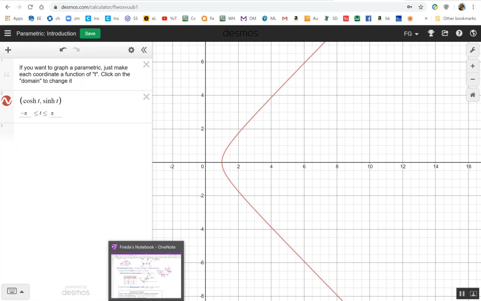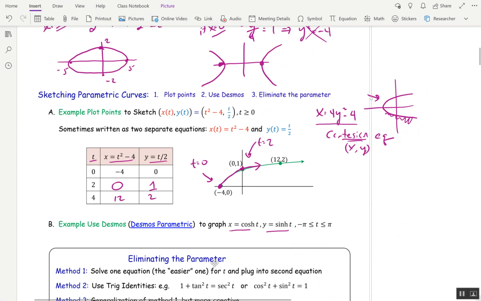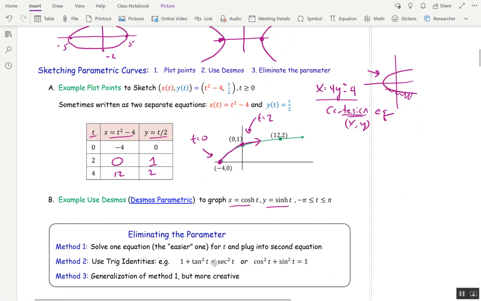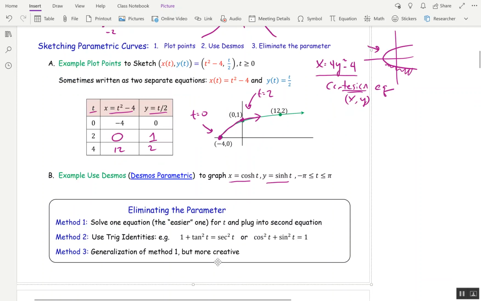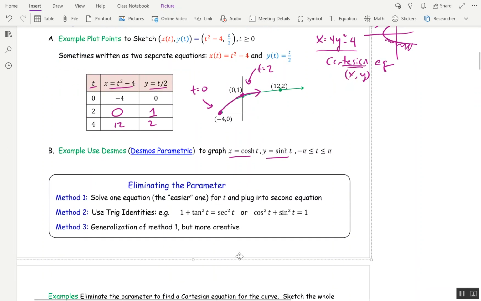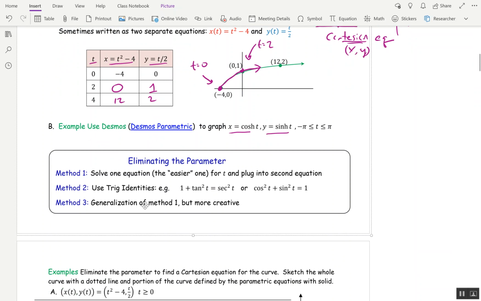All right, back to our video. Another way to sketch a parametric curve, which is really the whole topic of today's lecture, is how to eliminate the parameter to sketch the parametric curve. And there's three methods. If the equations are simple and algebraic, like this example we just looked at above, the parabola, solve one equation for t and plug that into the second equation.